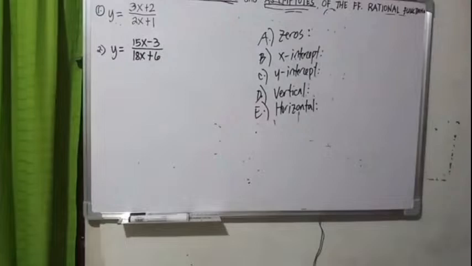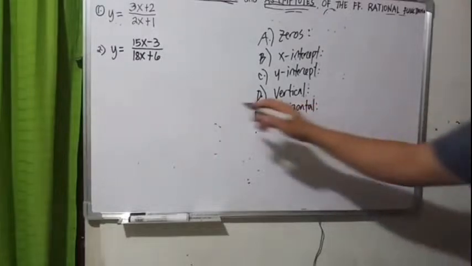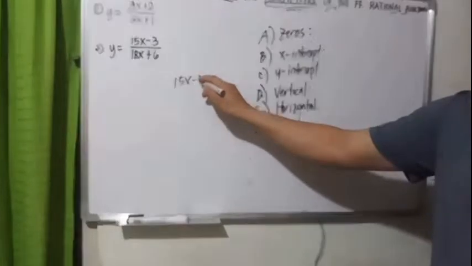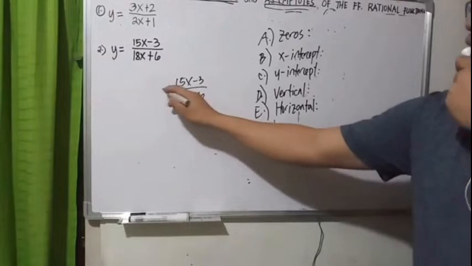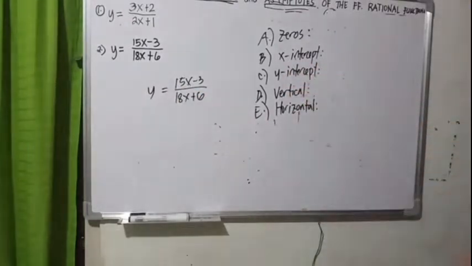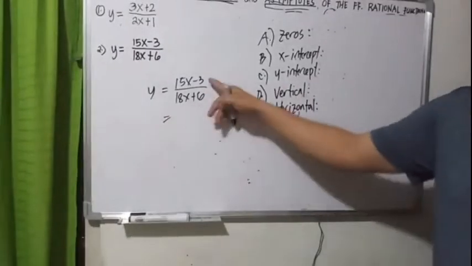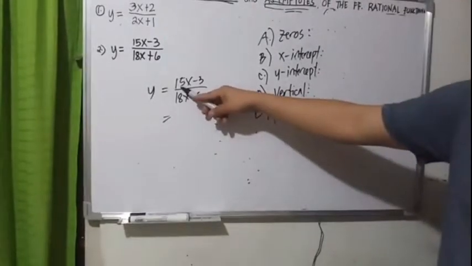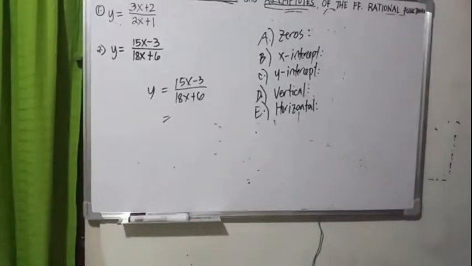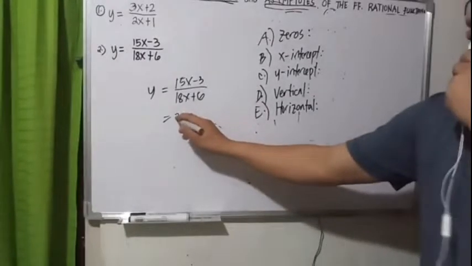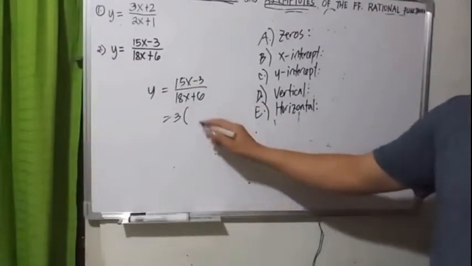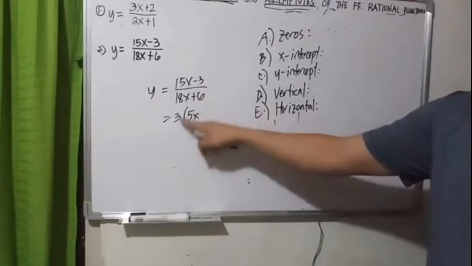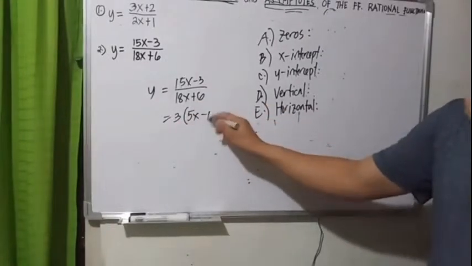Okay, number 2. The given is 15x minus 3 over 18x plus 6. We can reduce this to lowest terms or simplify it. What is the factor of the numerator? 15 is divisible by 3 and 3 is divisible by 3, so we factor out the common 3. 15x divided by 3 is 5x, and negative 3 divided by 3 is negative 1.